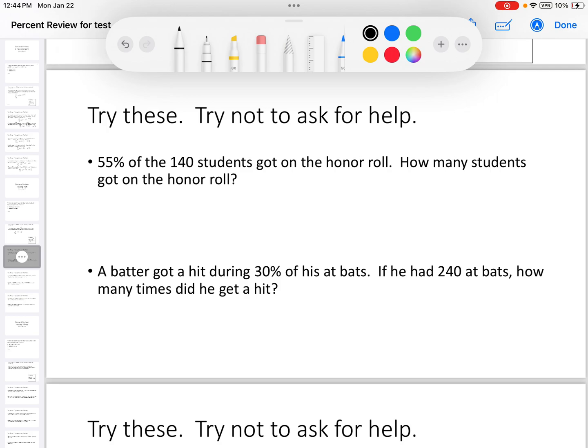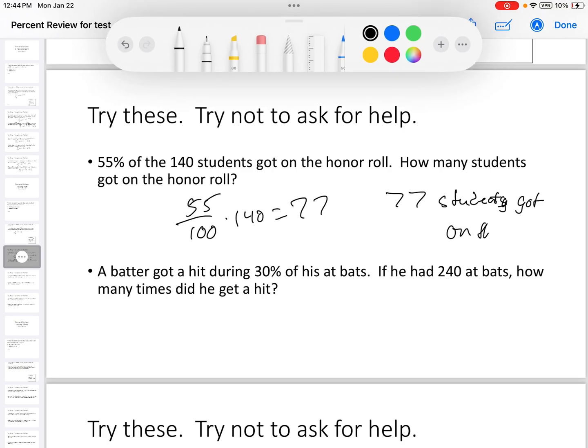Okay, you're back. 55%, 55 over 100 times 140. 55 divided by 100 times 140, 77. 77 students got on the honor roll. 30%, 30 out of 100 times 240. 30 divided by 100 times 240 is 72.